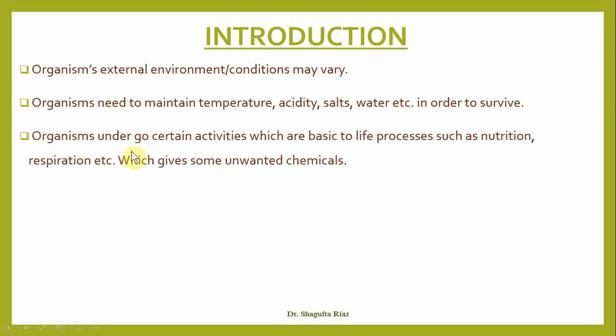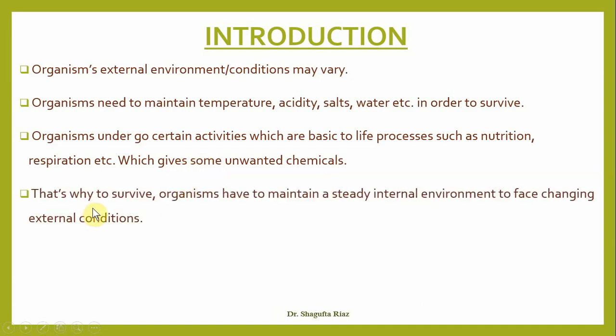So organisms undergo certain activities in their life, which are the basic life processes such as digestion, respiration, etc. Because of these activities, a number of unwanted chemicals form in the body, which are dangerous or harmful for the body. That's why to survive, organisms have to maintain a steady internal environment to face the changing external conditions, right?